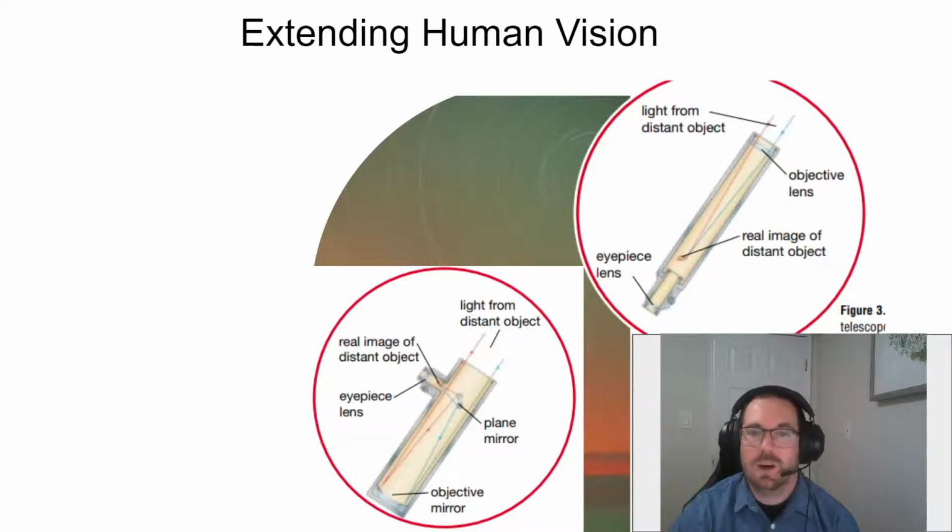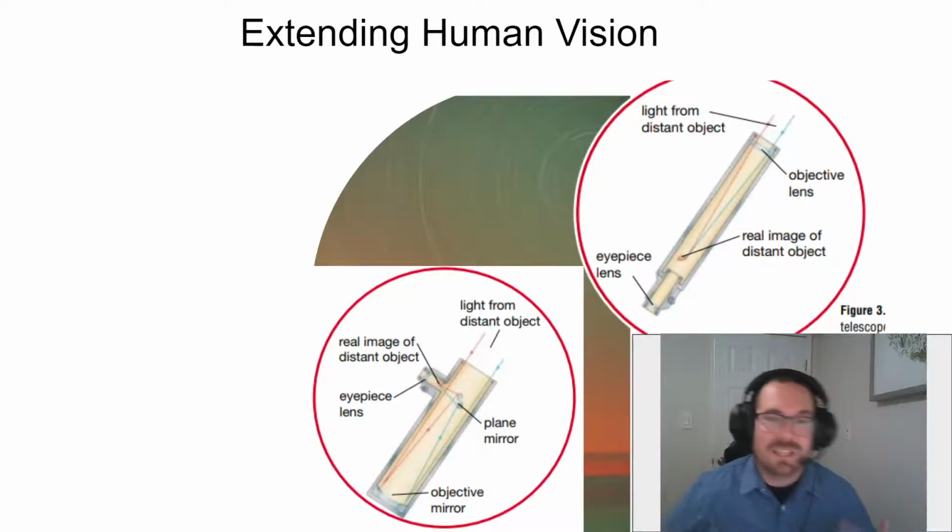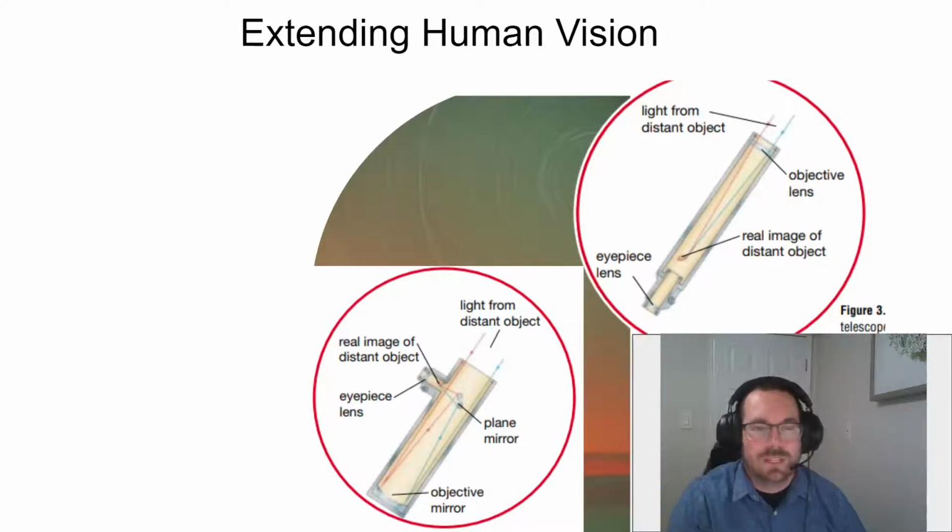The mirror is called the primary or objective mirror, and it forms a real image which is then magnified by the eyepiece lens. So just different ways in which we can use refraction or reflection using either a concave or a convex object in order to allow us to be able to see things that are much more distant.